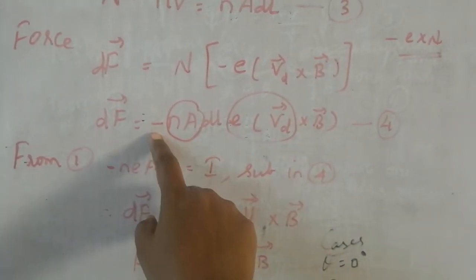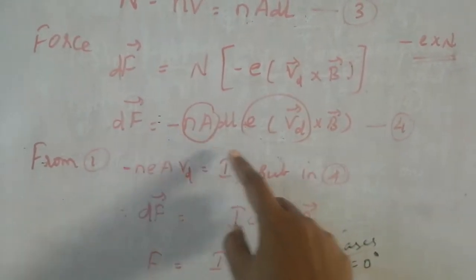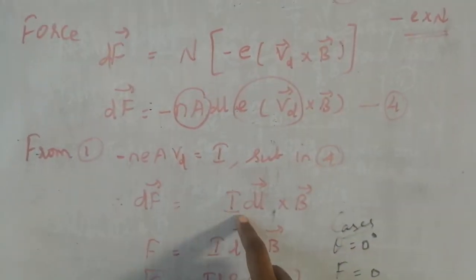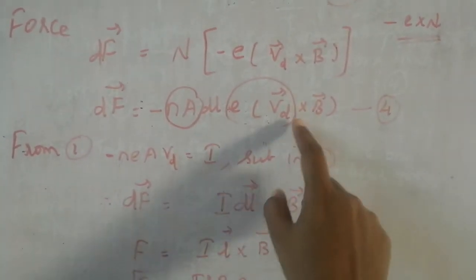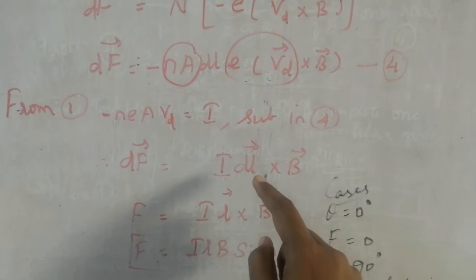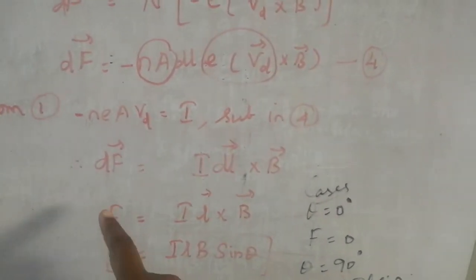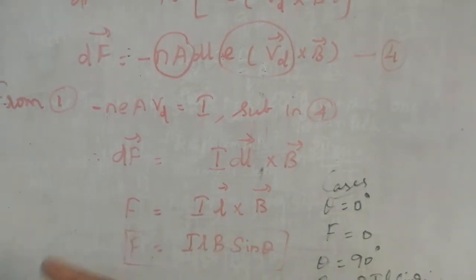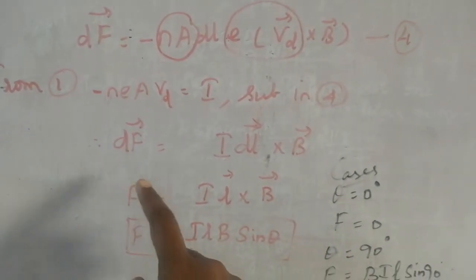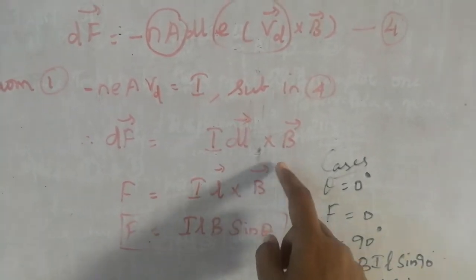I am going to take the minus also, because minus is only the charge of the electron. The remaining term is dl cross B vector. So I have the force dF equal to I dl cross B vector. So this is the small force. When you integrate dF, you have F equal to I L cross B vector.